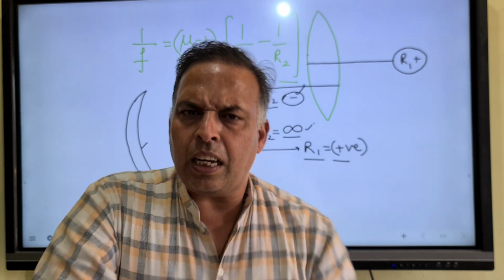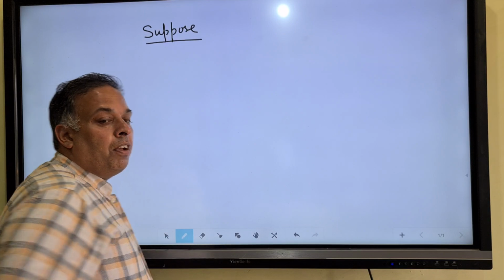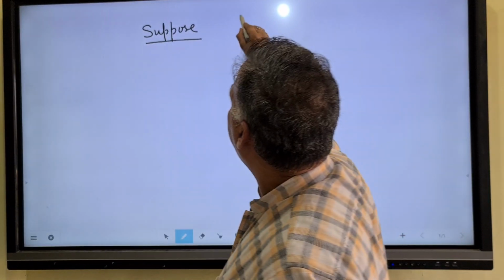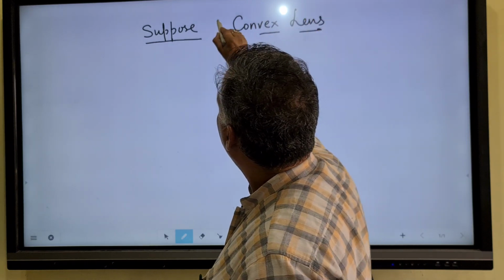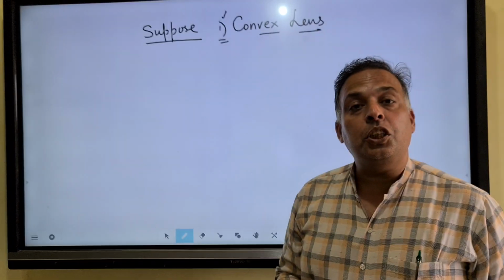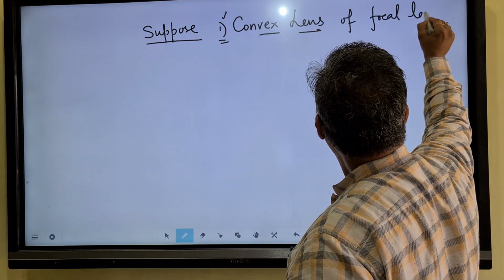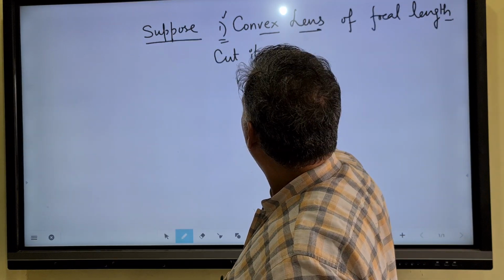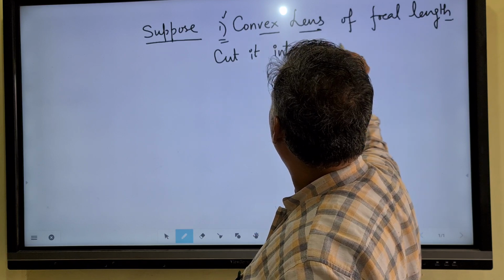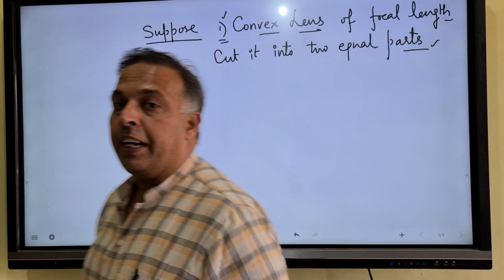And there is a question regarding it. Suppose we have a biconvex lens and it is cut into two equal parts.